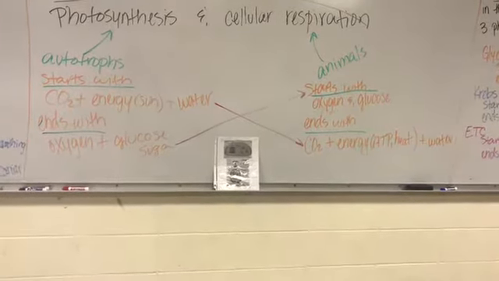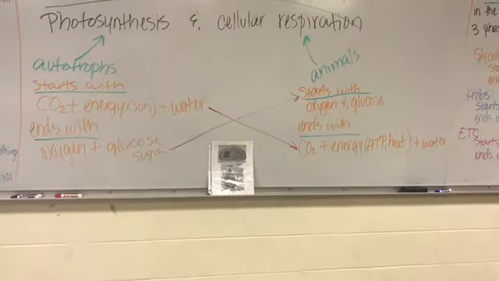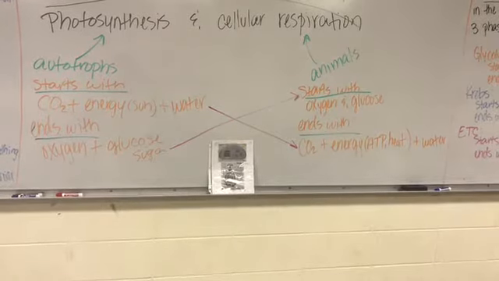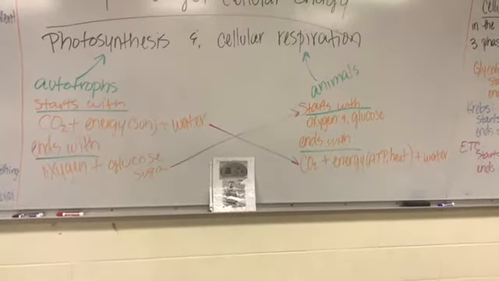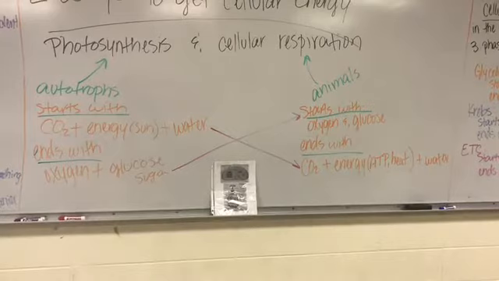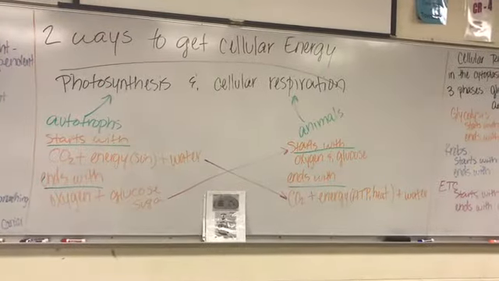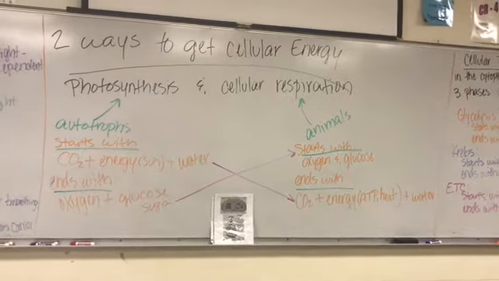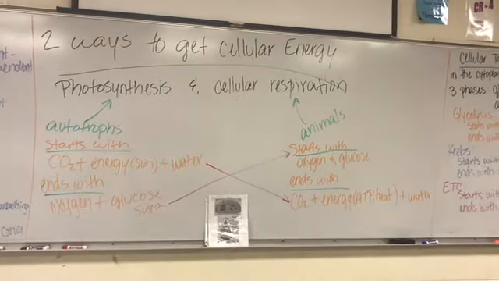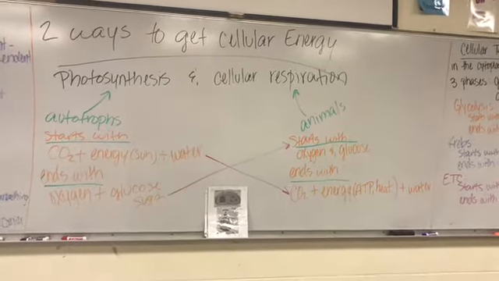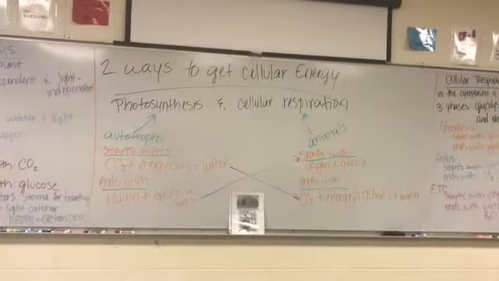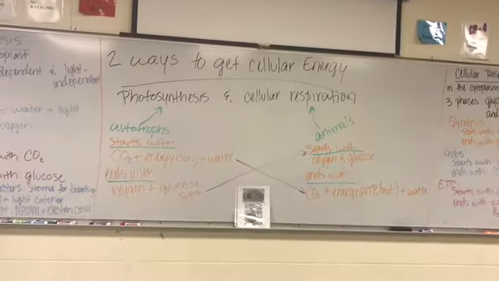Notice that the products of photosynthesis are the reactants of cellular respiration and vice versa. We are dependent on each other. Photosynthesis takes carbon dioxide out of the air and cellular respiration puts it back.